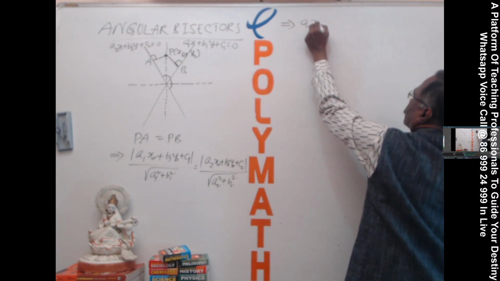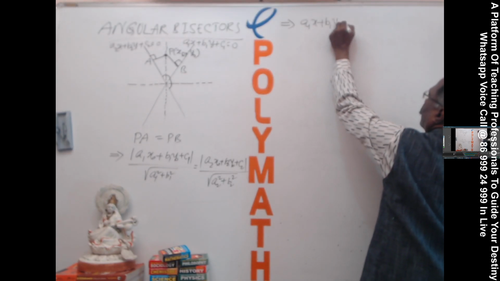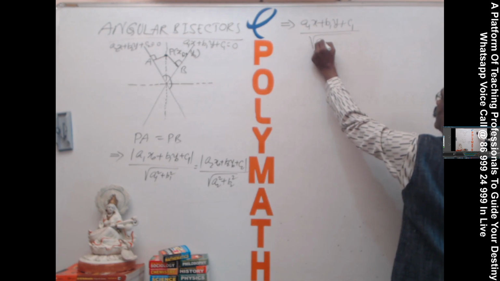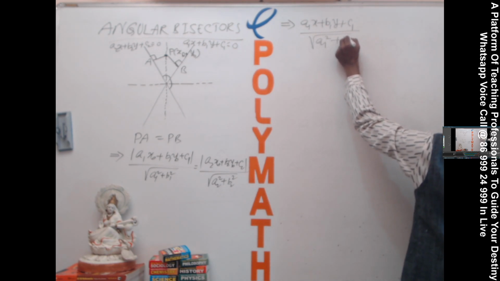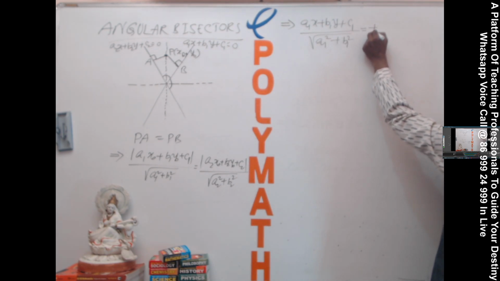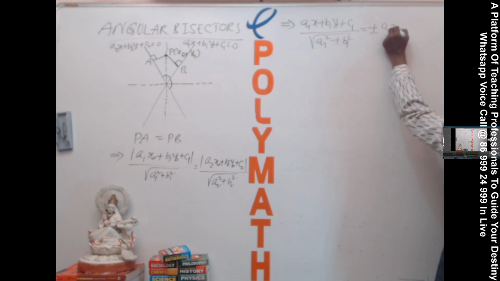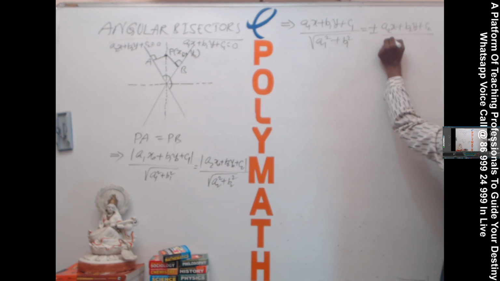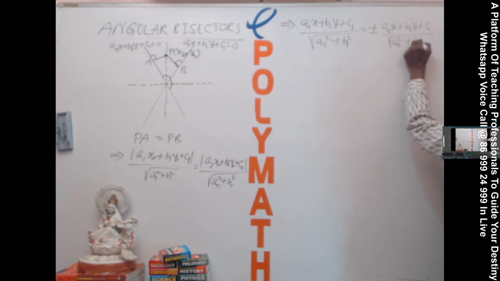So a1x plus b1y plus c1 divided by root over a1 square plus b1 square is equal to plus or minus a2x plus b2y plus c2 divided by root over a2 square plus b2 square.